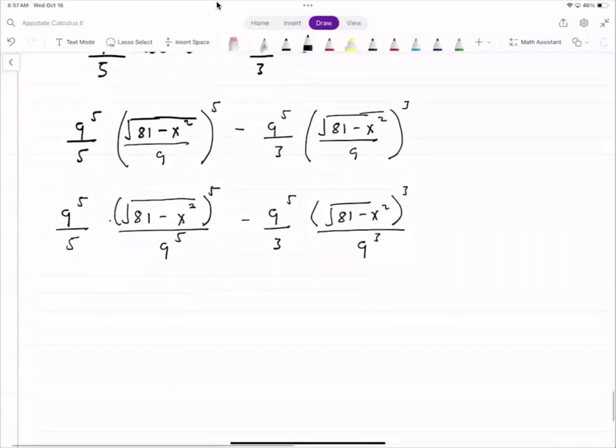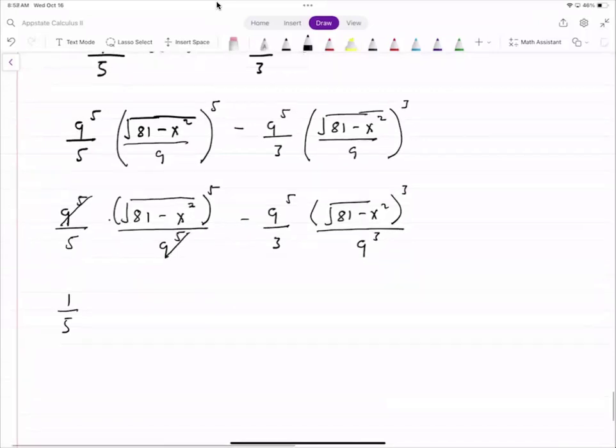And so this gives you, you can see this will cancel that. So that gives you 1 over 5 times (81 minus x squared) to the 5 over 2.